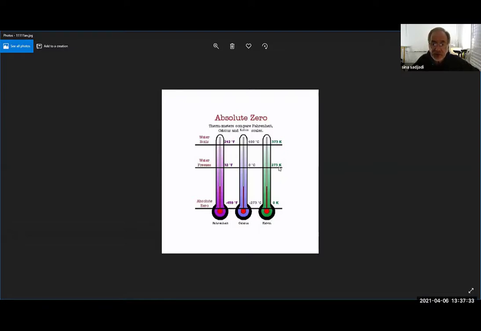At 273 degrees Kelvin, water freezes. 0 degrees centigrade, water freezes. 32 degrees Fahrenheit, water freezes. 212, these are all at sea level. 212 degrees Fahrenheit, water boils. 100 degrees centigrade, water boils. 373 degrees Kelvin, water boils. So it's just a scale for measuring from 0 degrees, absolute zero. So here, absolute zero is 0 degrees Kelvin, right? Like that.